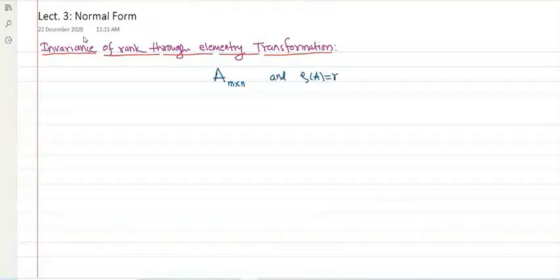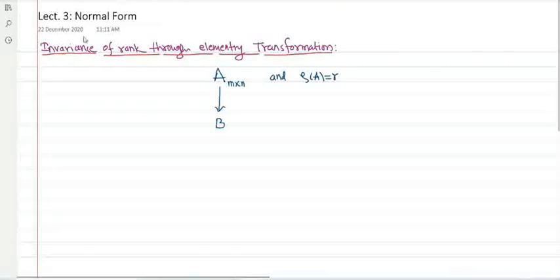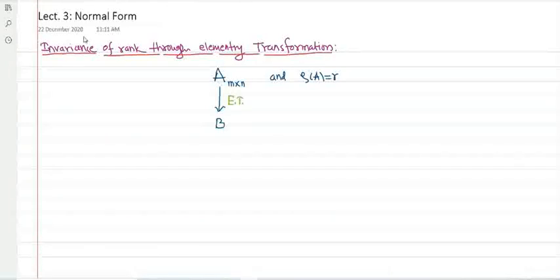Now from matrix A, suppose you are obtaining a new matrix which is called B. How are you obtaining the new matrix? By applying a sequence of elementary transformations on matrix A. That elementary transformation includes both row transformation and column transformation.